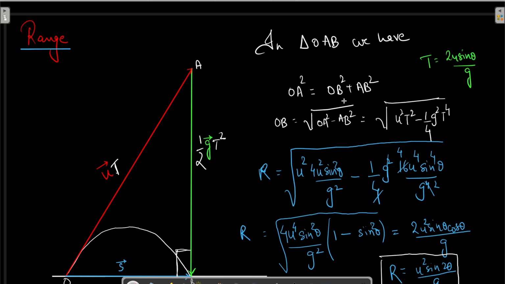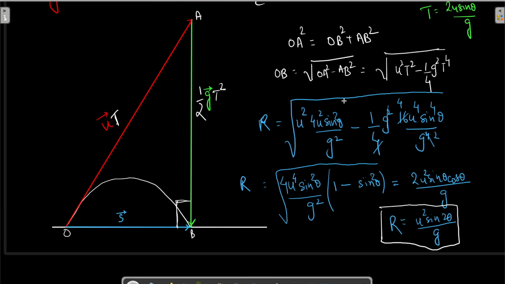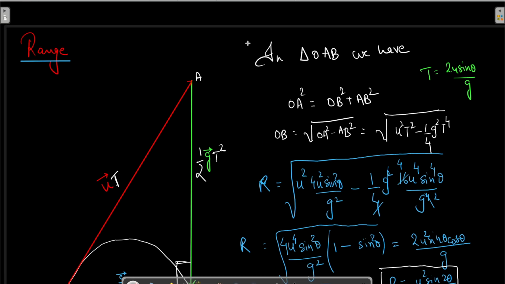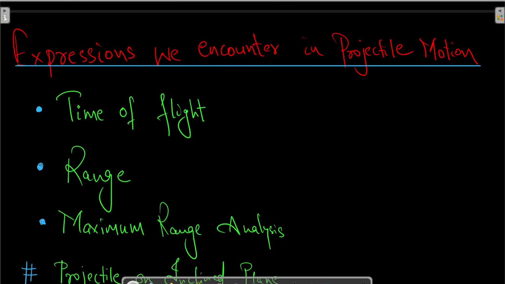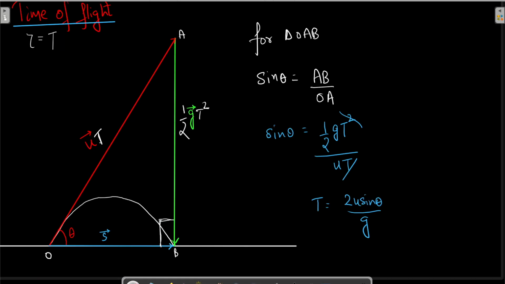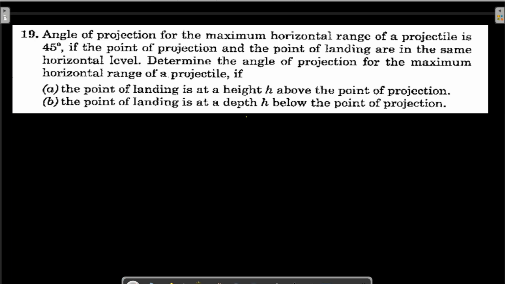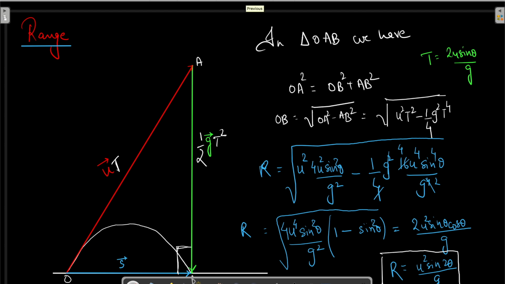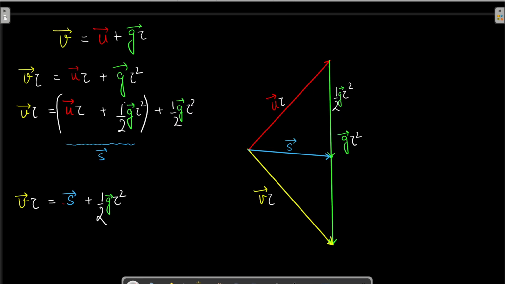Okay, so now we'll see the maximum range analysis. What do I mean by maximum range analysis? We have the same thing. We'll use this same triangle only.